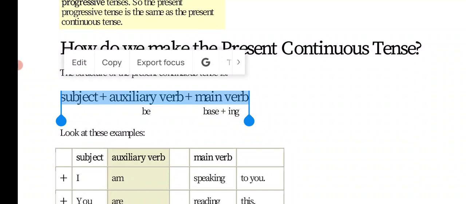What is the structure? Subject plus helping verb like is, am, are, because we are talking about present, so we will use only helping verbs used in present tense, like is, am, are, and main verb, meaning a word which denotes an action, and then object.